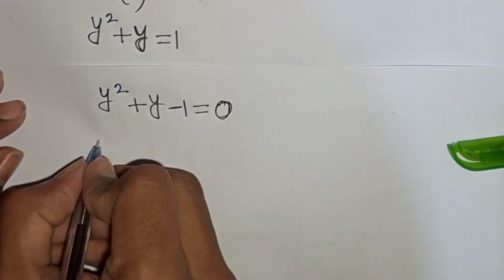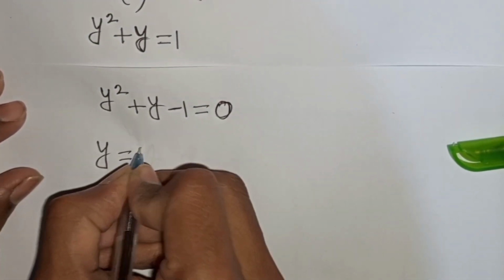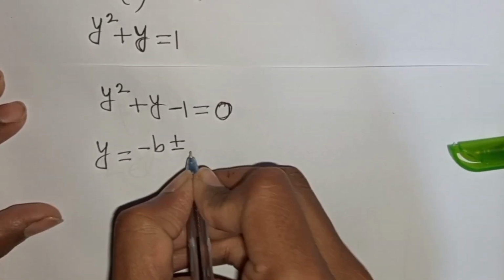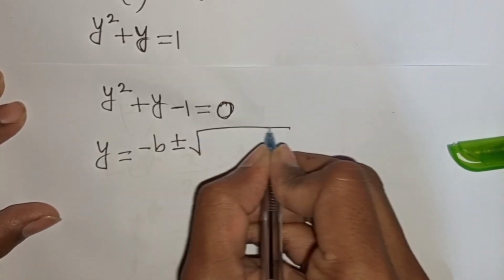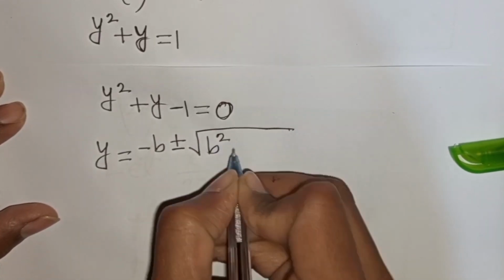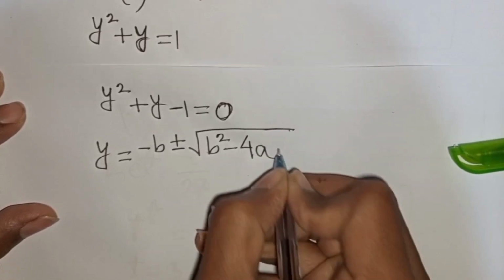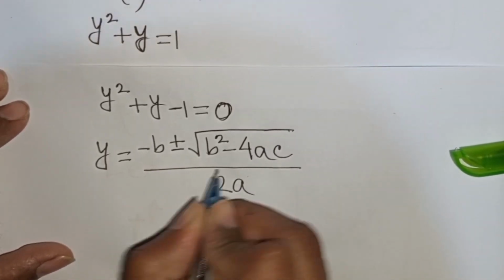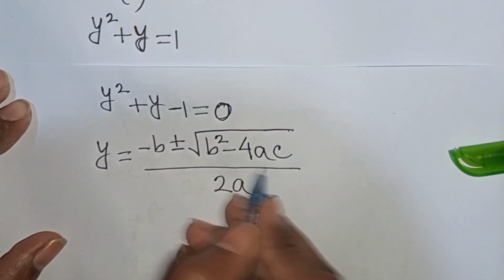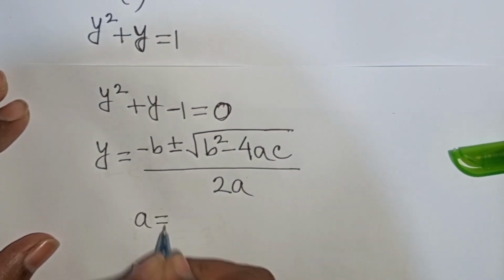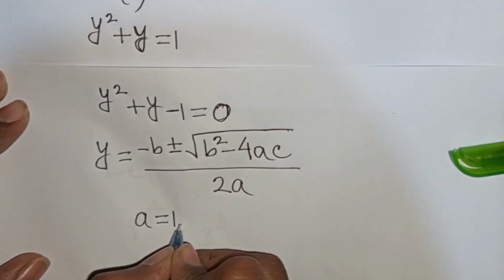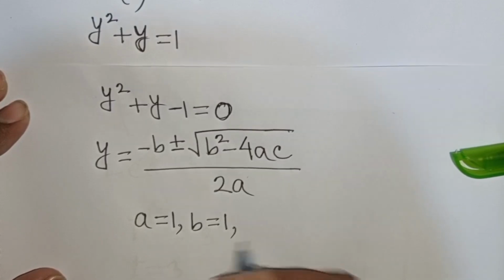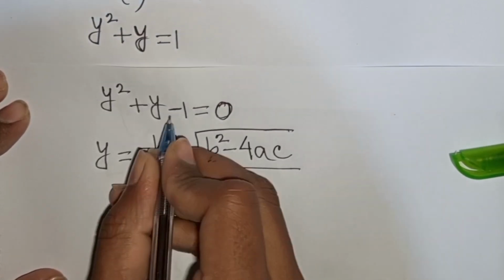So y is equal to minus b plus or minus square root of b squared minus 4ac, divided by 2a. Here a will be equal to 1, b will be equal to 1, and c will be equal to minus 1.